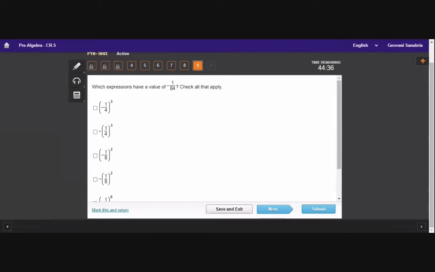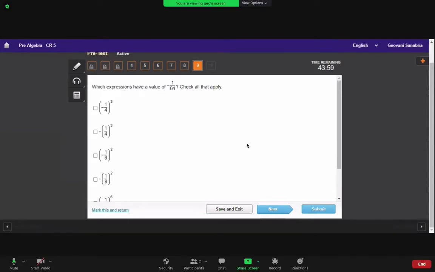It's weird saying the negative in the middle, does it go to the top or to the bottom? The answer is yes and no, whichever one you want. It's like asking, for -25, does the negative go to the 2 or to the 5? It just goes to the 25. So really the negative goes to the 1/4, but procedurally when you work it out, you can put it in the top or the bottom.